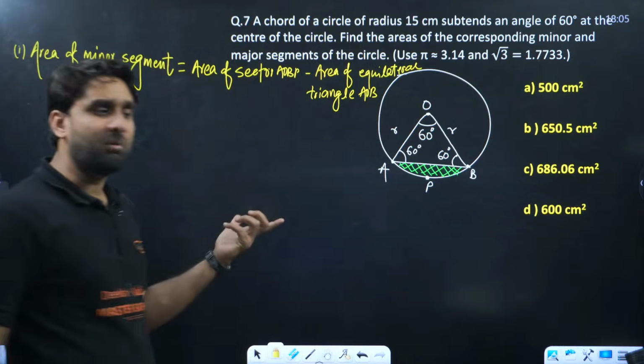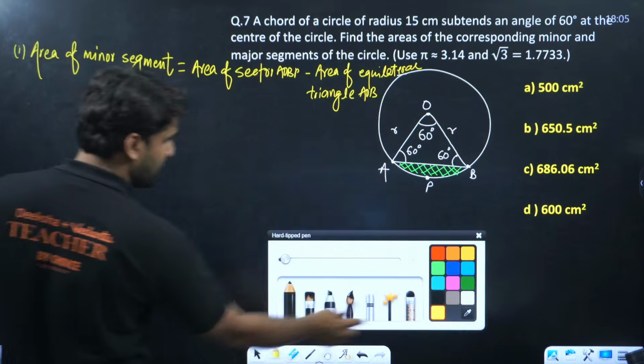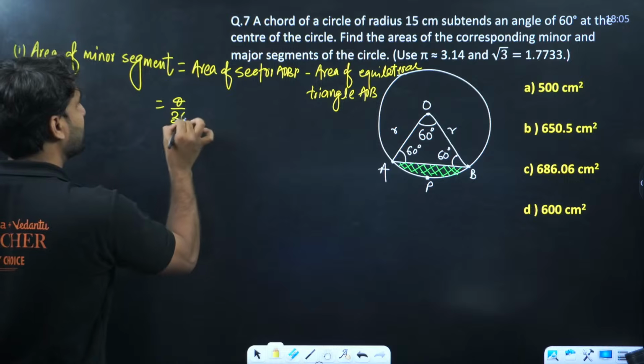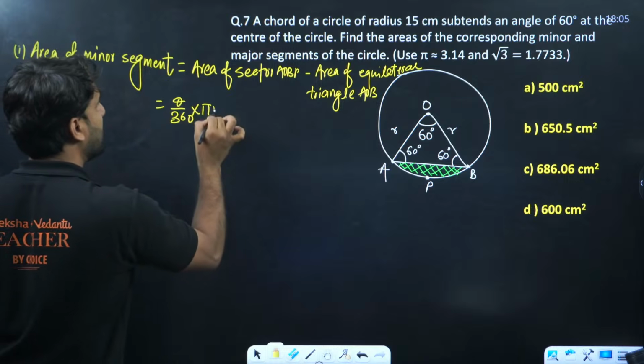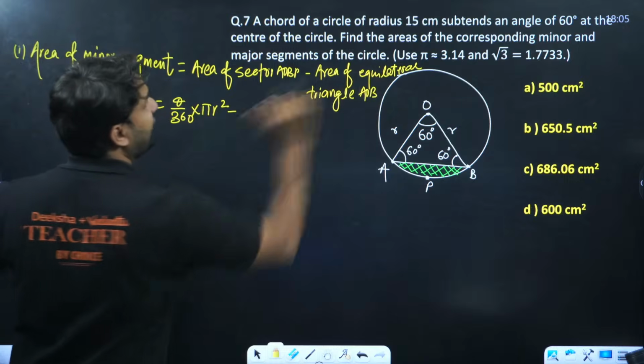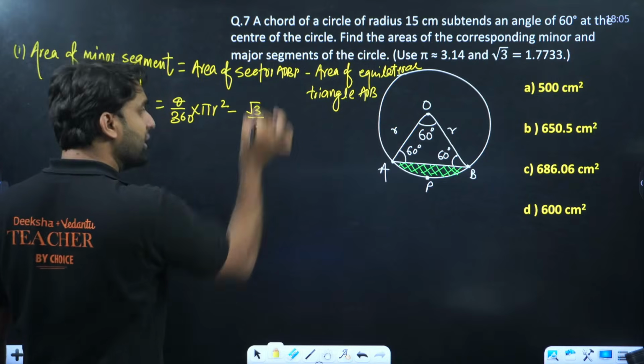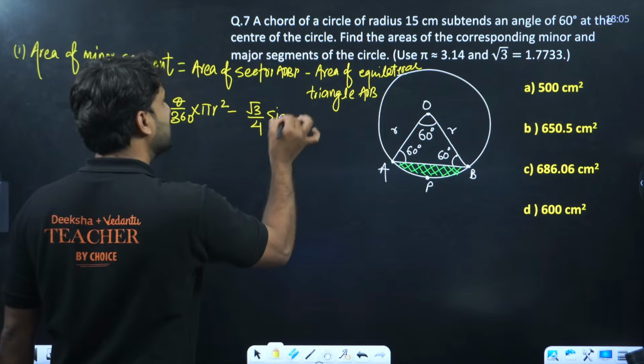Now put the formulas. The formula of area of sector is theta by 360 into pi r square, minus area of equilateral triangle. For an equilateral triangle we have the formula root 3 by 4 into side square.